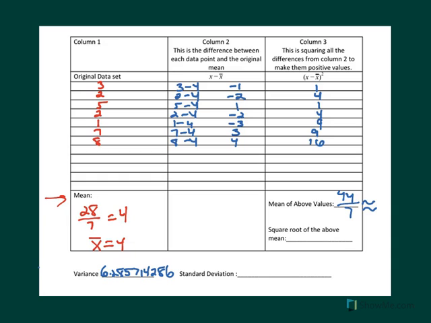So if you do 44 divided by 7 on a calculator, you should get roughly this number, and then that whole number you want to square root. So we're going to take the square root of 6.285714286.